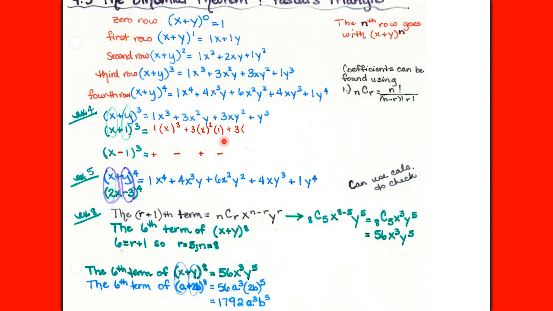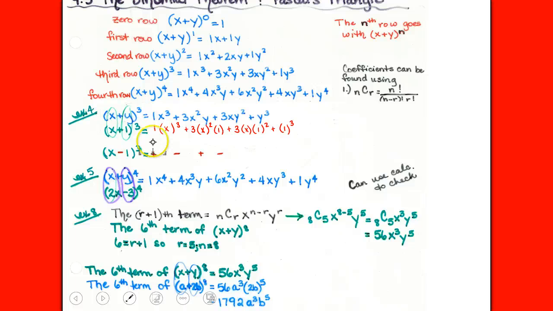In the third term, we'll put x in for x and 1 in for y. And in the fourth term, I didn't have an x, so we'll put 1 in for y. And then we'll simplify.